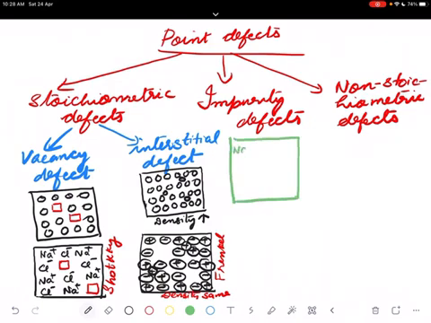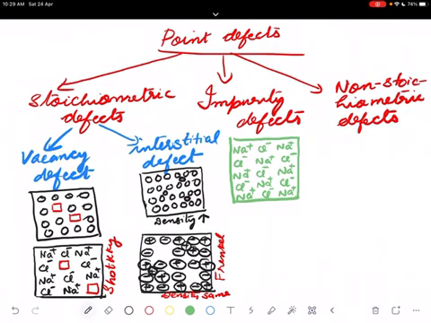This is Na plus Cl minus, Na plus Cl minus, Na plus Cl minus. So many Na plus and Cl minus are there.